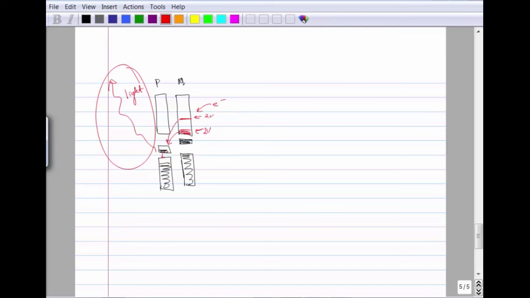So you can actually tune the wavelength with the same material, based on the voltage that you apply. So the red and the green, although they're the same material, have a different voltage applied. One of them is like 1 volt, one of them maybe 1.2 or 2 volts. Cool, huh?